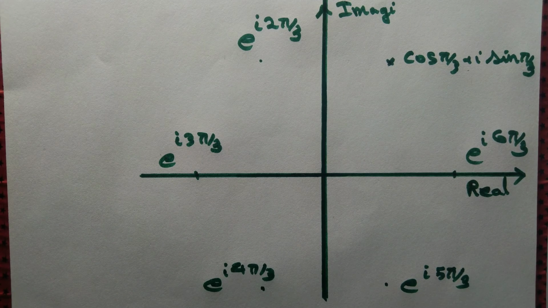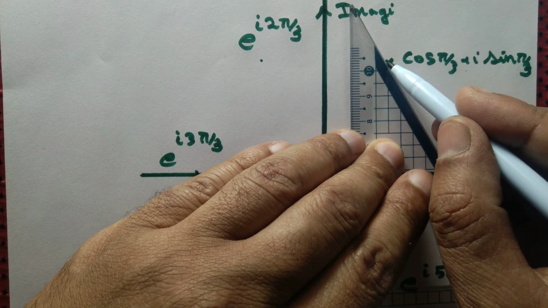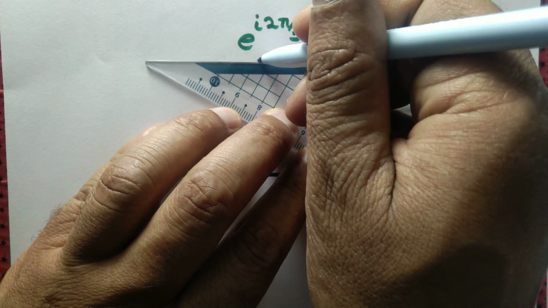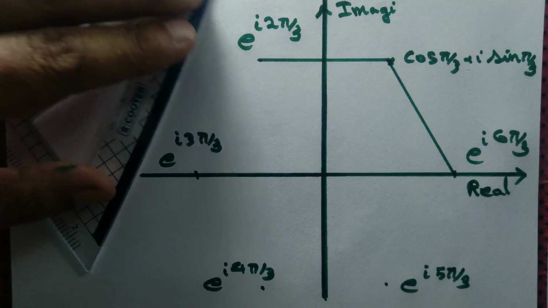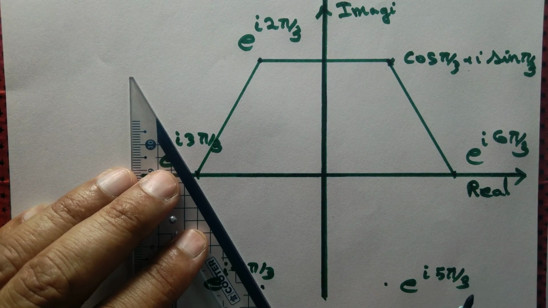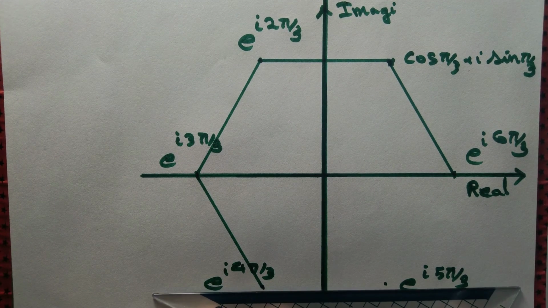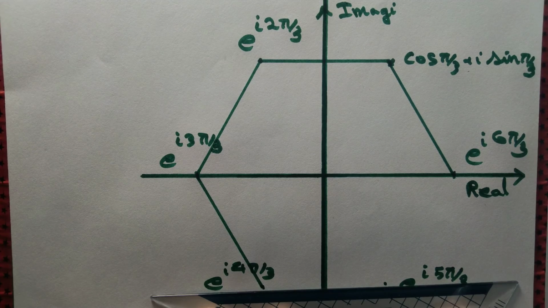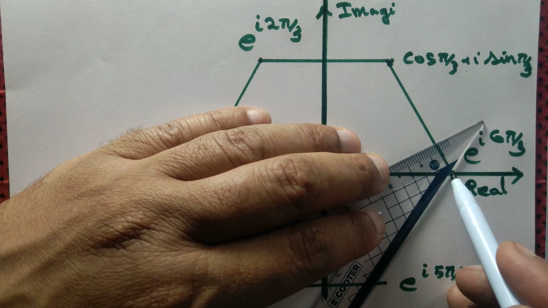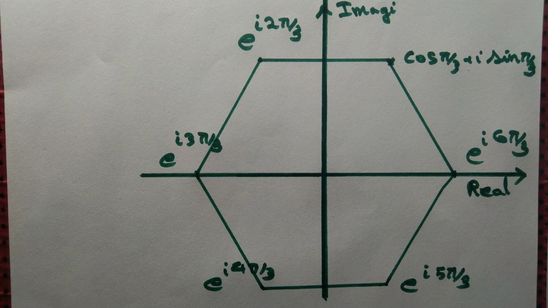Let us join those points using a scale. So we obtain a regular hexagon.